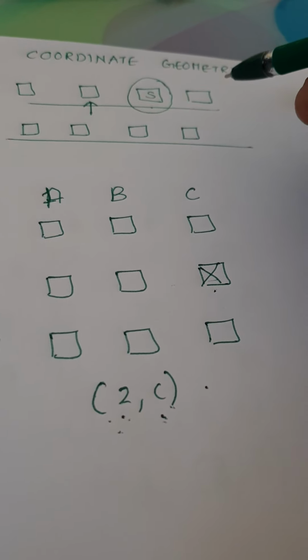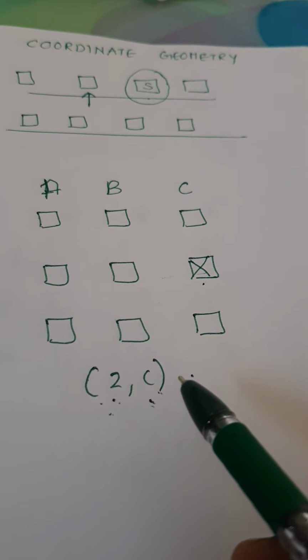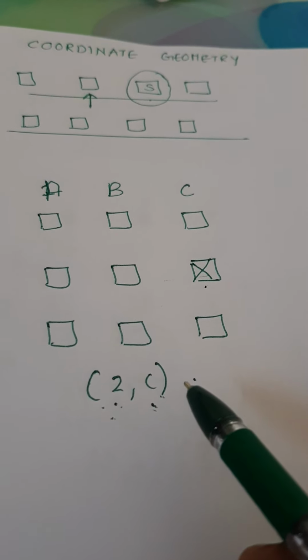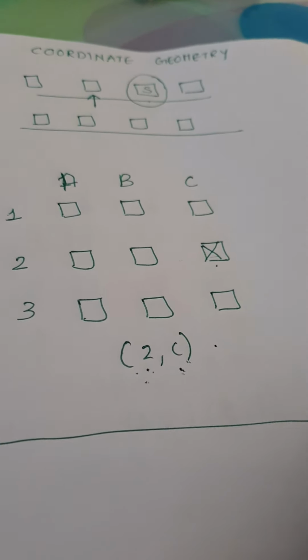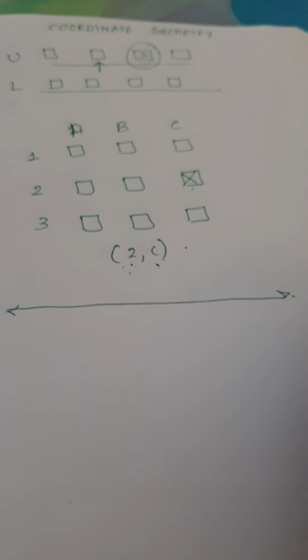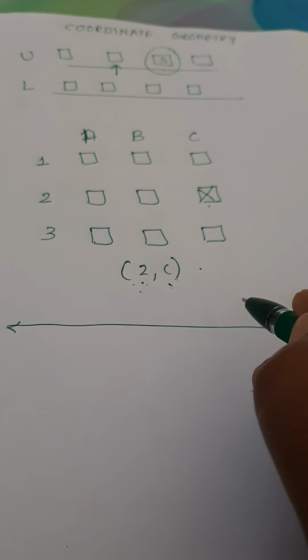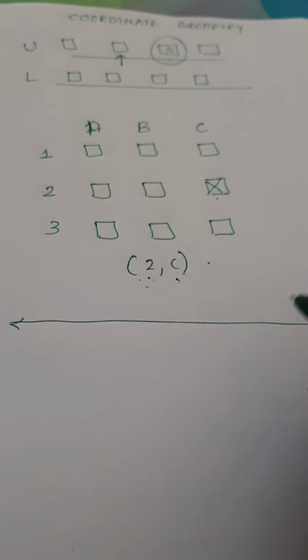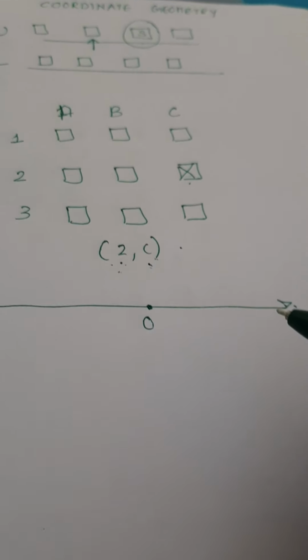You need two numbers, an ordered pair of numbers, and those are known as coordinates, correct? For example, if you take a number line, what is a number line? A number line is a straight line in which all the numbers are marked at equal intervals from the reference point, which is taken as 0.